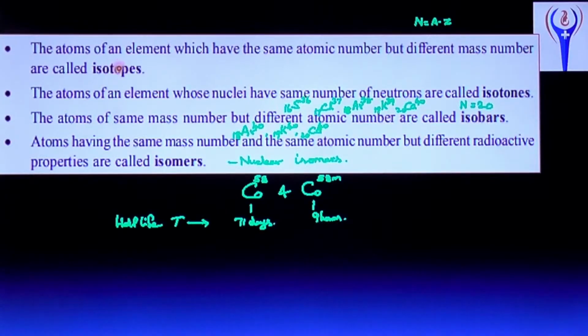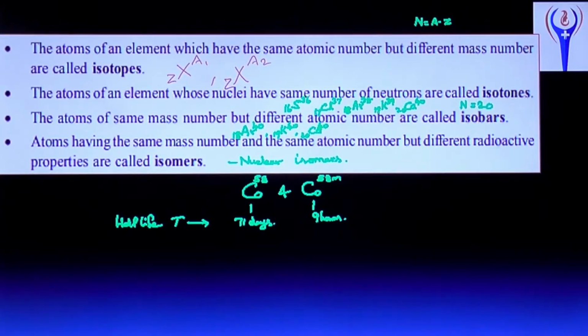Atoms of the element having the same atomic number but different mass number are called isotopes. That is, atomic number same, mass number different.